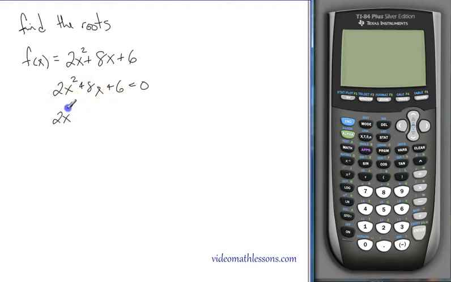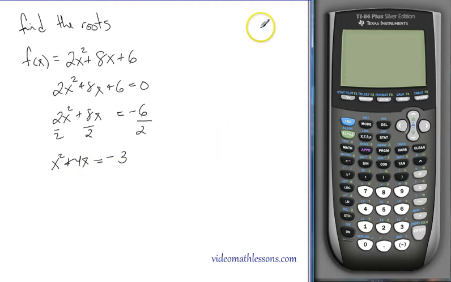So 2x squared plus 8x equals negative 6. Then I'll divide by the 2. You can easily divide by the 2 first, and you get the same exact thing. So we've got x squared plus 4x equals negative 3.